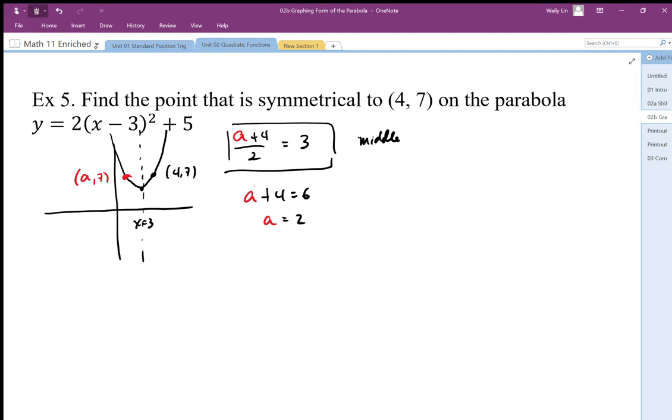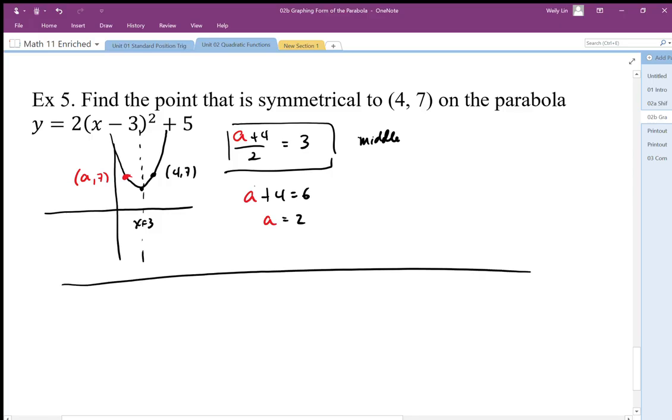The other way that this could have been done, so this is now a separate method, is to solve this algebraically, because we always can plug this coordinate back into our equation. Now, we don't want to plug 4 and 7 in. We want to say, well, there is some coordinate (A, 7) that is on this parabola.